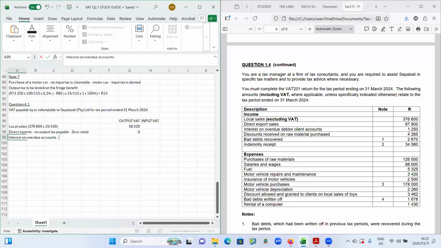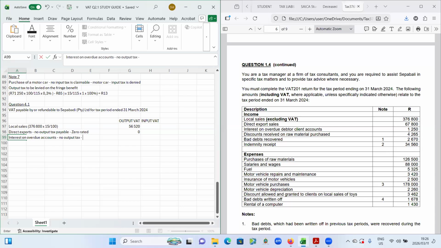What are the tax implications on the interest that was earned on credit sales? Should we claim output tax? What do you say, Ayanda? Remember, it's financial services. There's no output tax here.